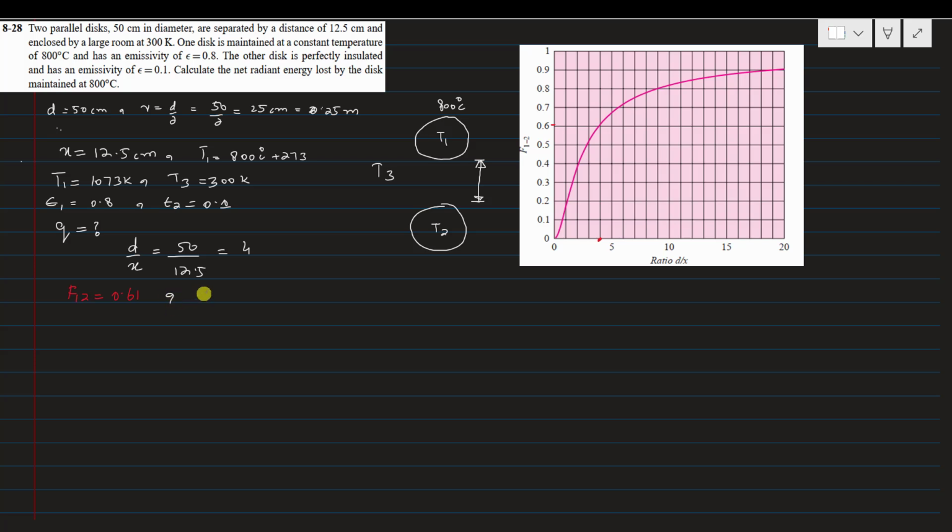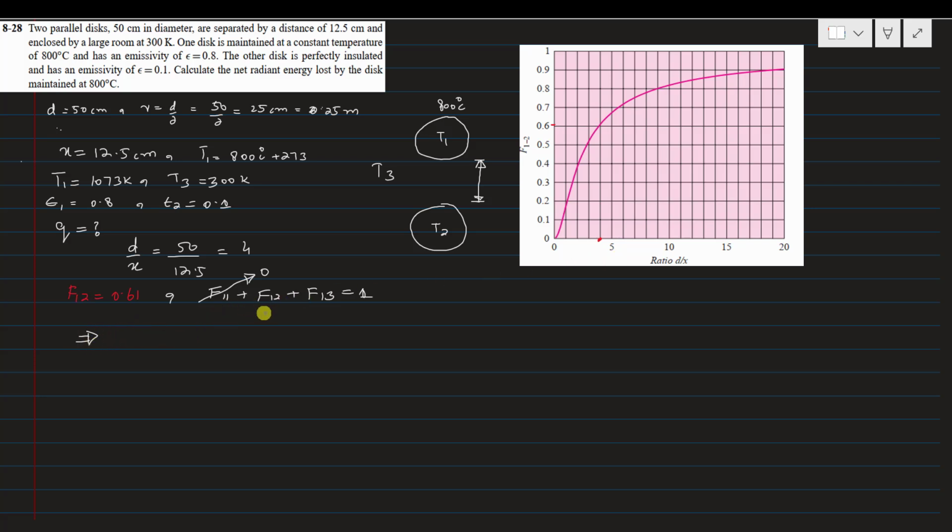Now from the summation rule, F11 plus F12 plus F13 is equal to 1. F11 is 0, because this is a flat disc, so its shape factor with itself will be 0, and the shape factor F12 is determined from this graph with the help of the d by x ratio.